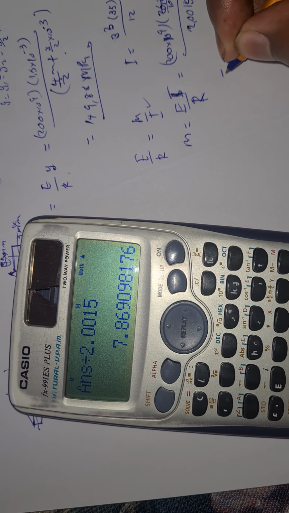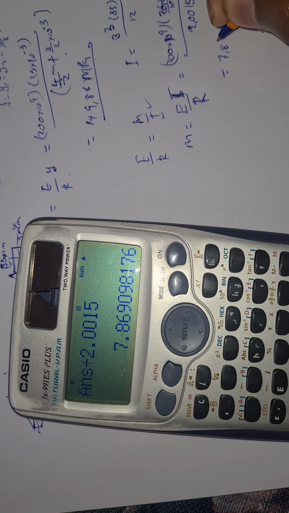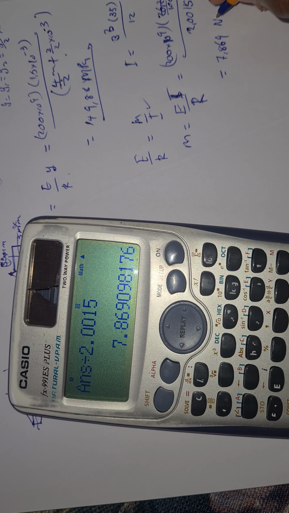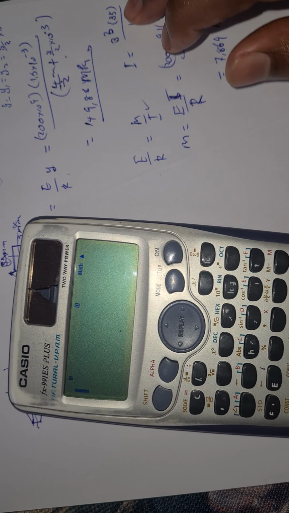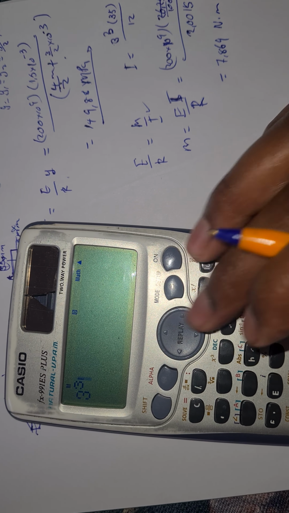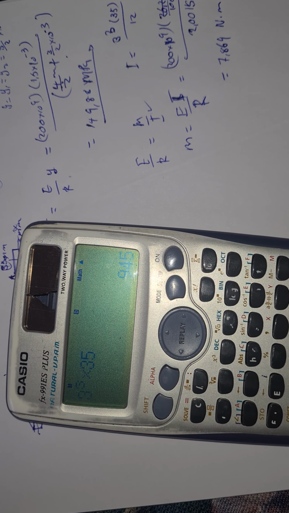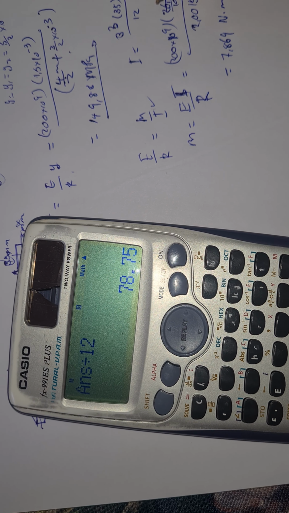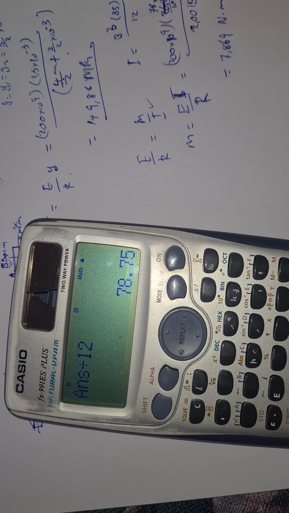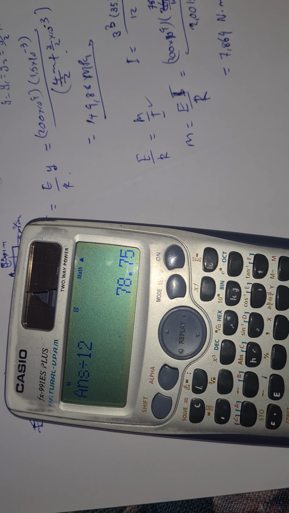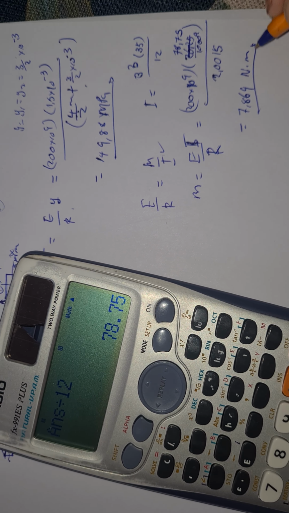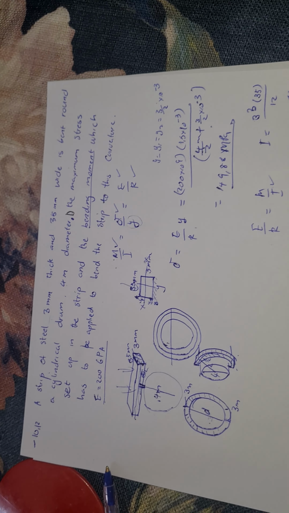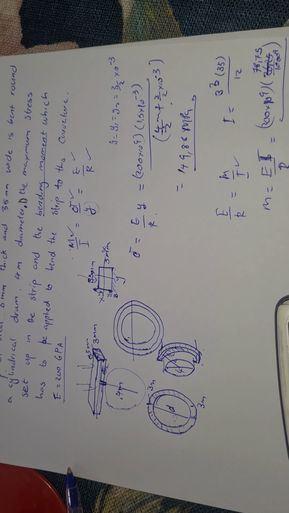So we have our M equal to 7.869 Newton meters. So we need to change this. So 3 cube times 35 divided by 12 is actually 78.75. So yeah, pay attention. Basically this is it. Nothing straightforward, nothing weird.